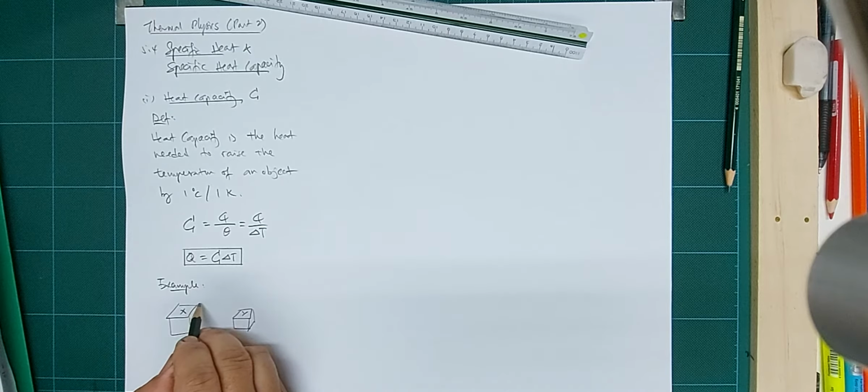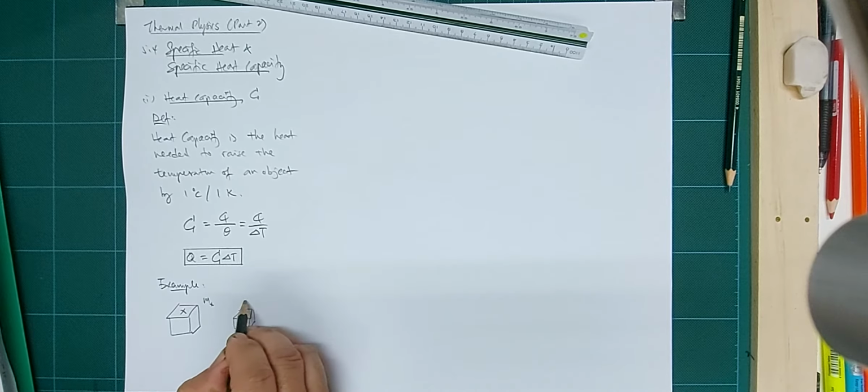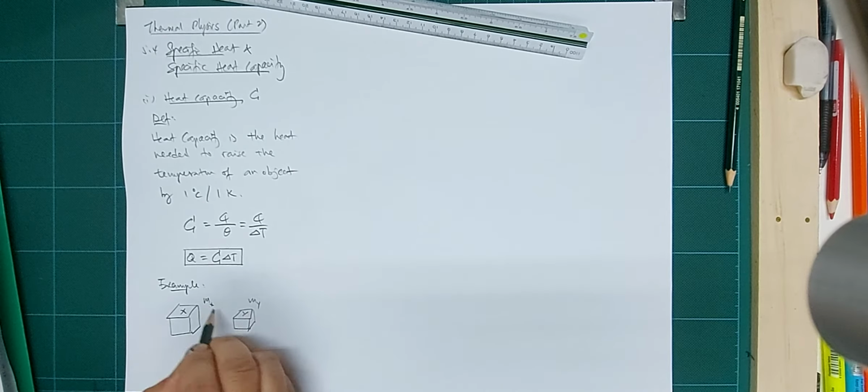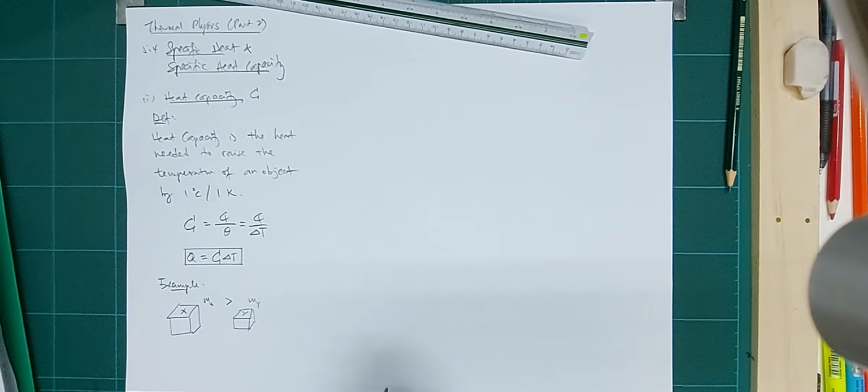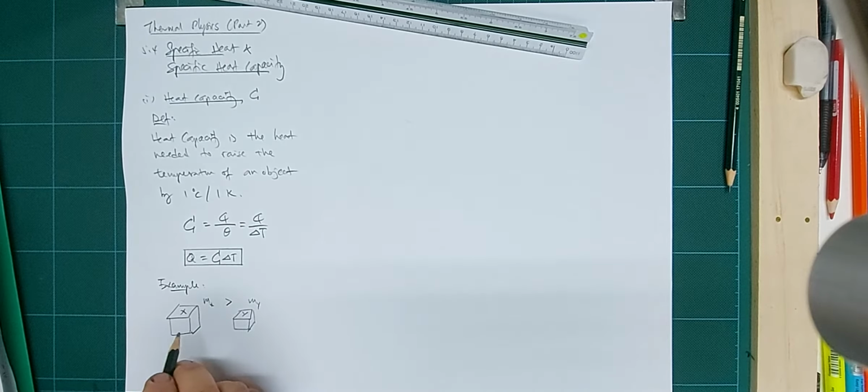This one is MX and this one is MY, and from the size we can see that MX is larger than MY.